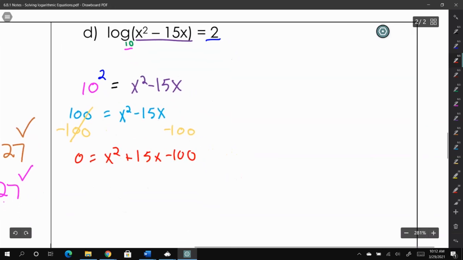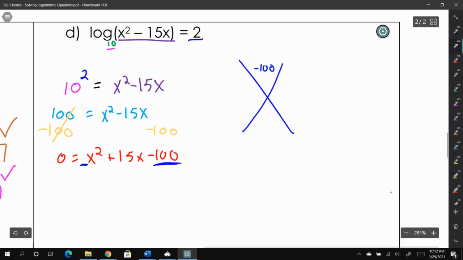Now we can factor this, x squared minus 15x minus 100. And we need two numbers that multiply to negative 100, because the invisible 1 times negative 100 is negative 100. But also those two numbers must add up to negative 15.